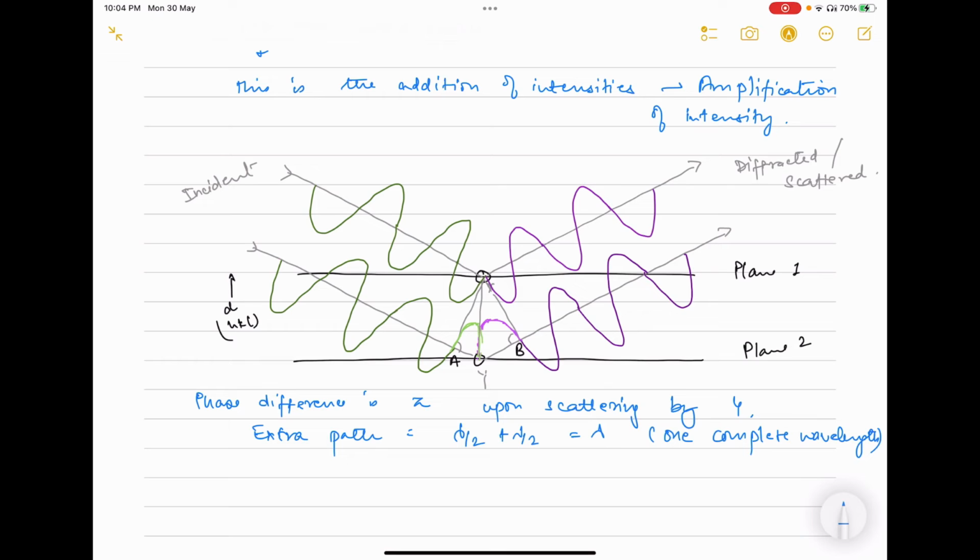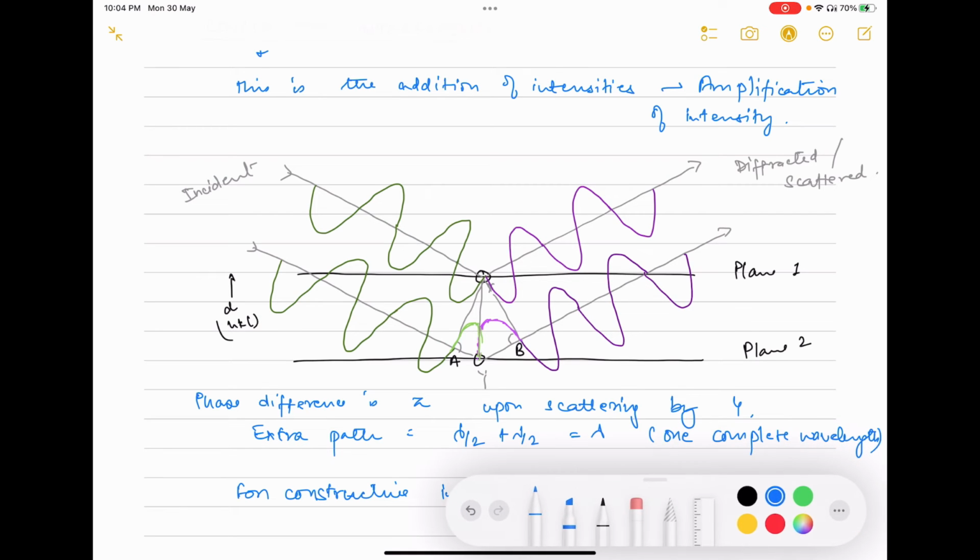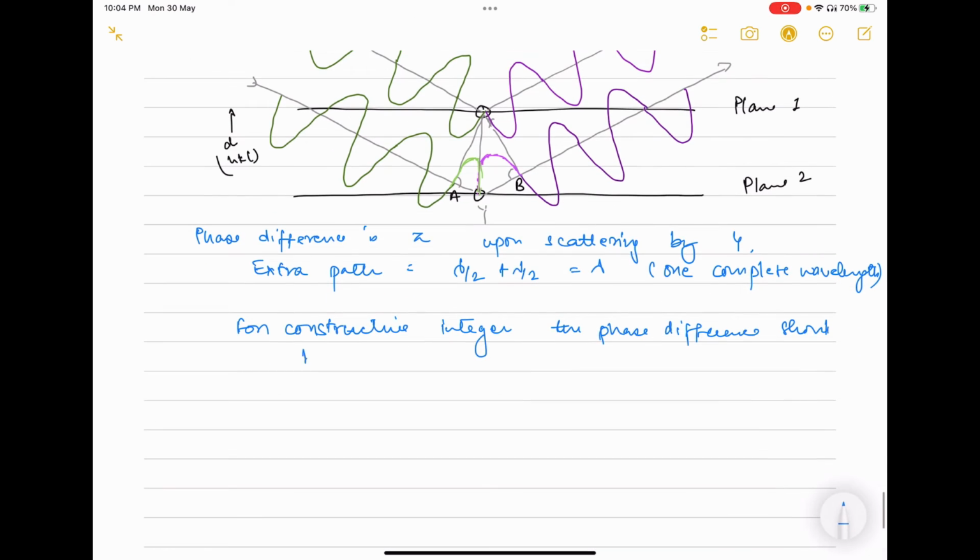Now for constructive interference, the phase difference should be an integer multiple of pi.